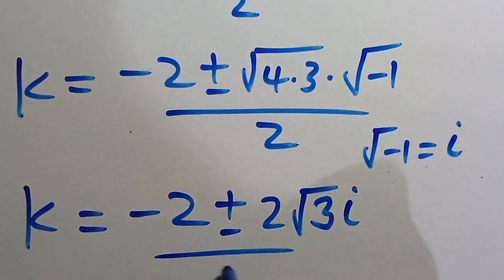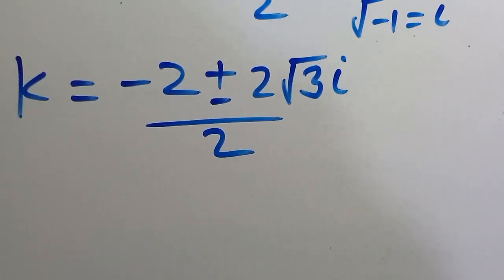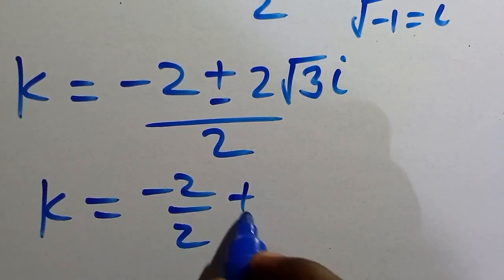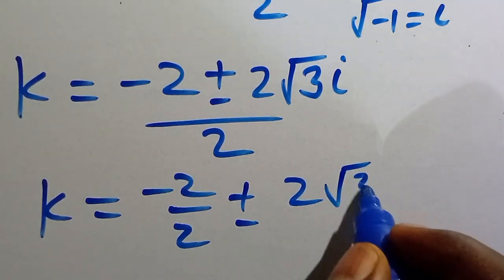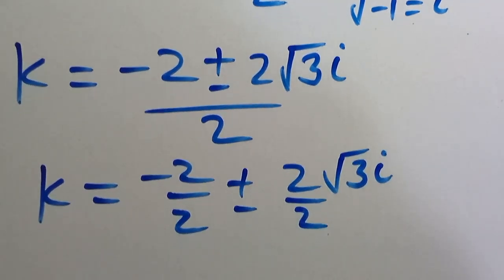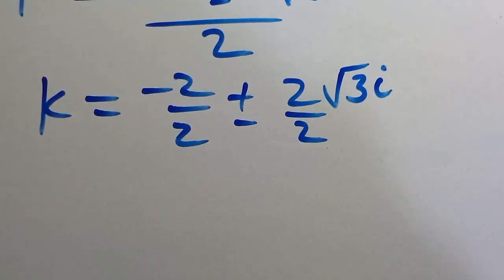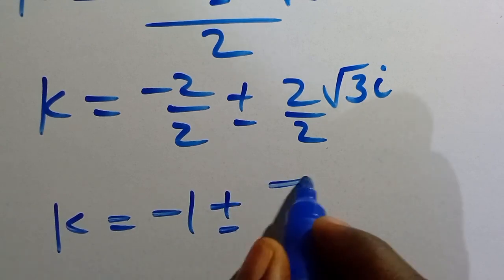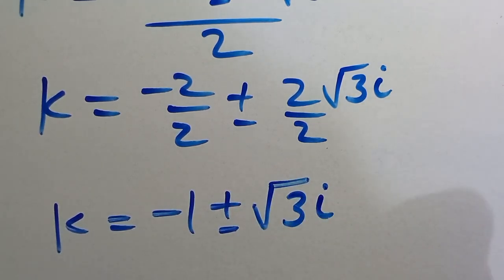So here will be i divided by 2. So dividing through by 2, simply here will be minus 2 divided by 2, positive or negative 2, multiplied by root 3i divided by 2. So we have k equals minus 1, positive or negative, root 3i.